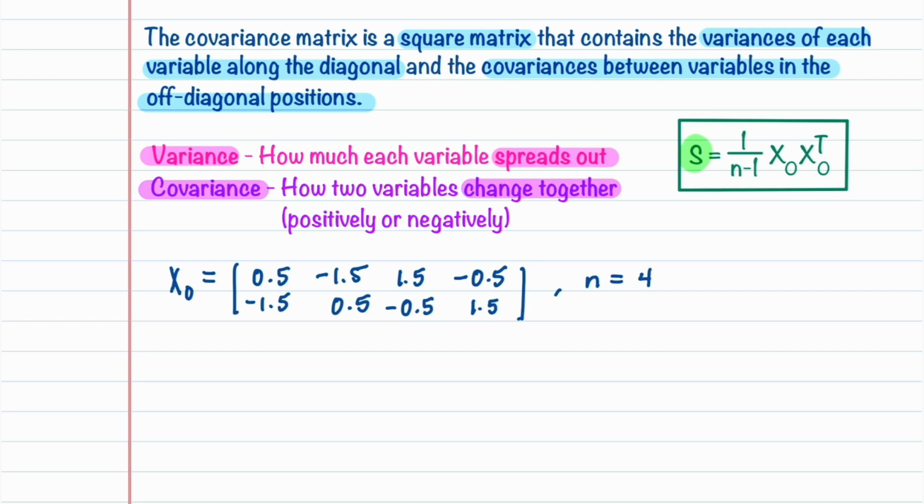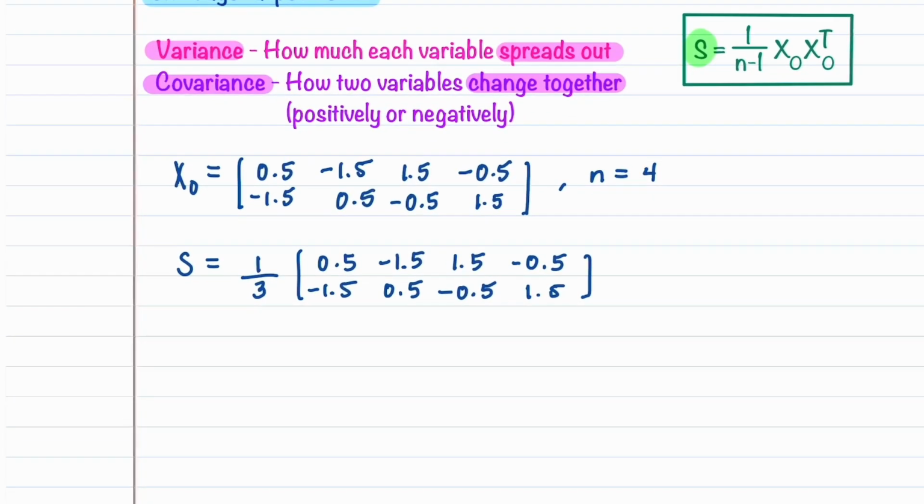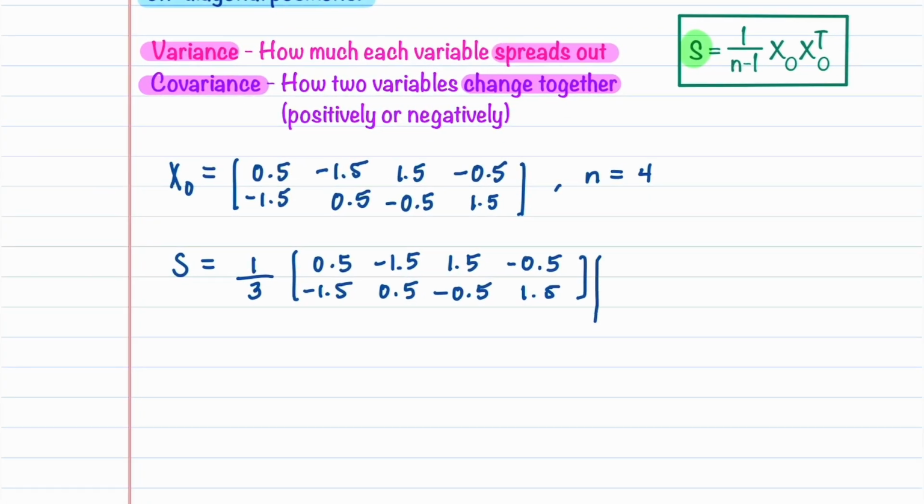Now we can compute S. Matrix S is equal to 1 over n minus 1, so this is 1/3. And then we have our x0. And we're going to multiply this by the transpose of our data matrix.